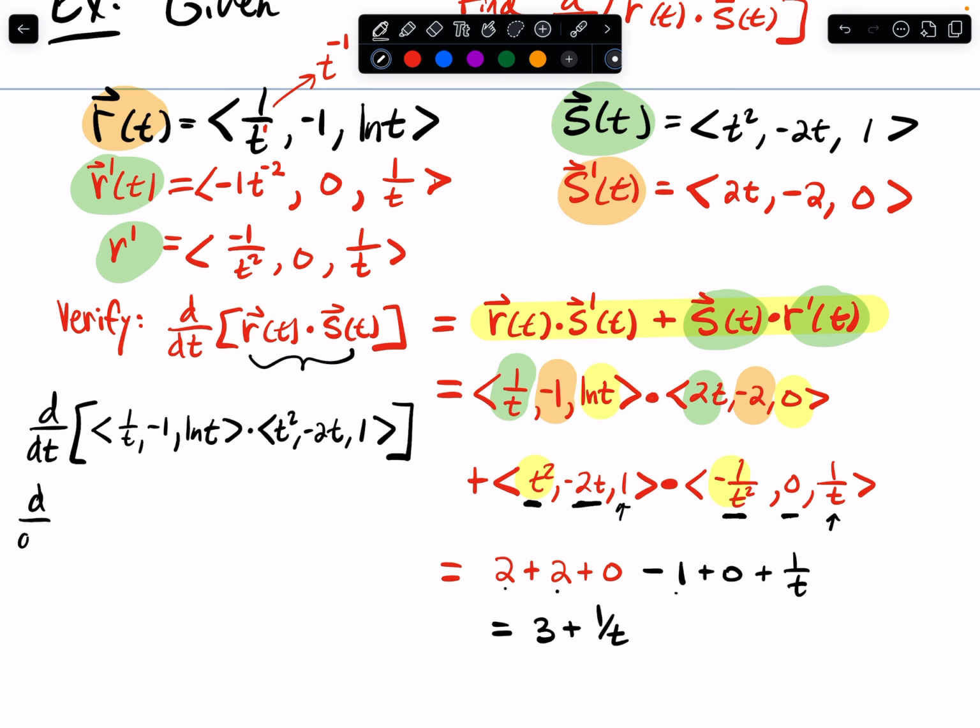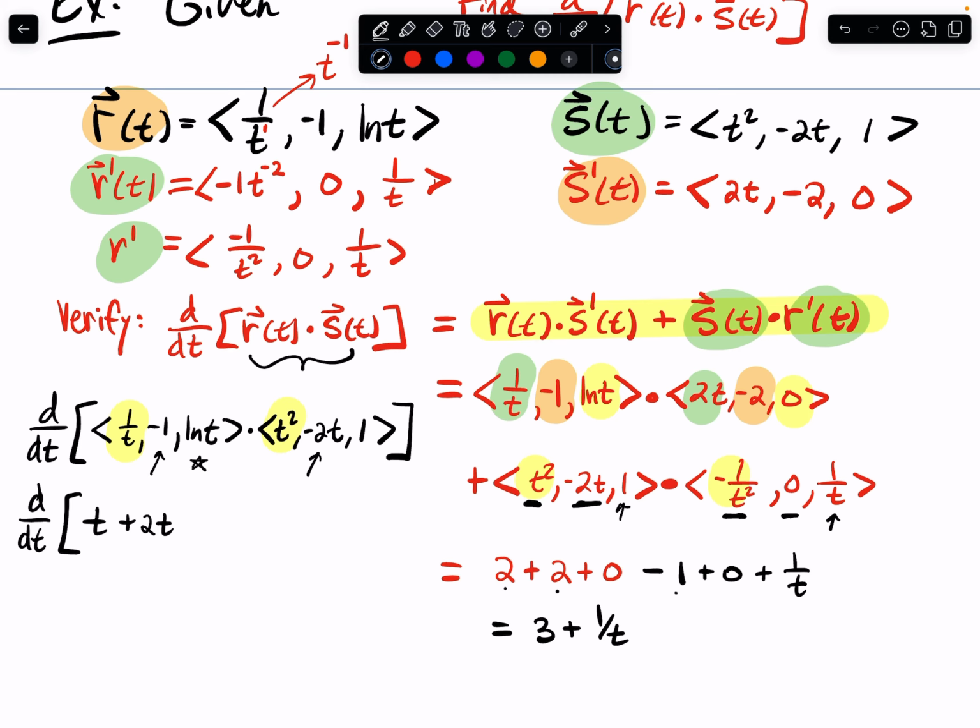Okay, that's the derivative of, all right, multiply your first components together, you get 1 over t times t squared, which is t, I believe. Negative 1 times negative 2t, so that becomes positive 2t.